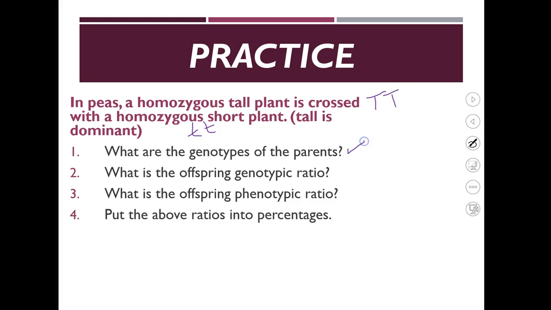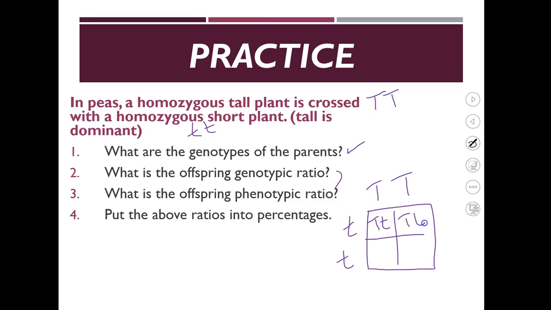So T is a great example because it's a very clear difference. So we just did number one, what are the genotypes? Now we want to know the genotypic and phenotypic ratios of the offspring. To do this, we have to do a Punnett square. So we'll put big T on top, little t to the side, and then you just fill it out.